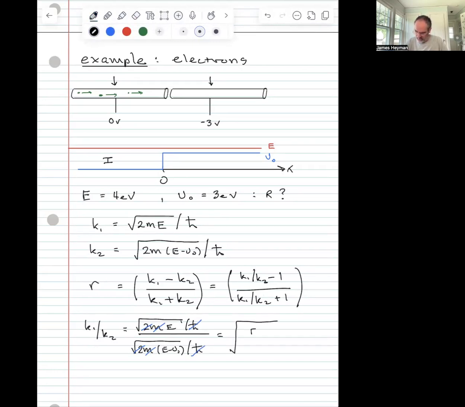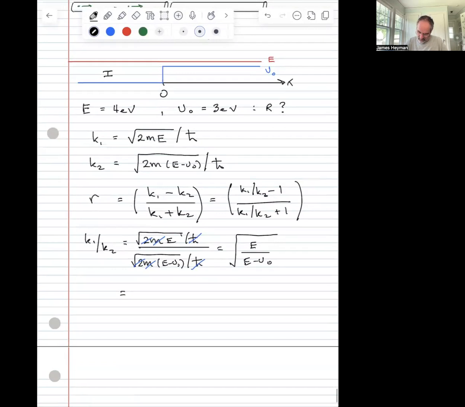So we just get the square root of E over E minus U0. And this is just the square root of 4 eV over 4 minus 3 eV. The units cancel, and we just have the square root of 4.